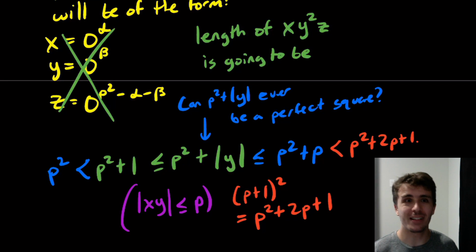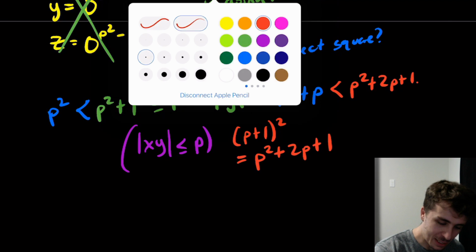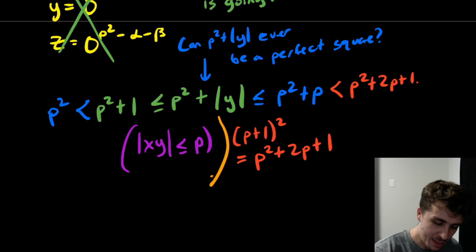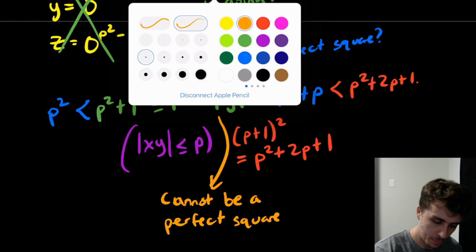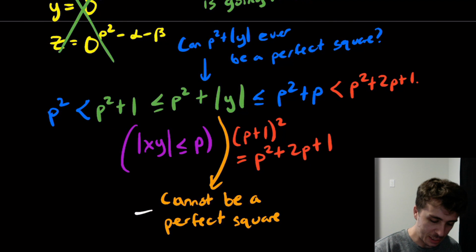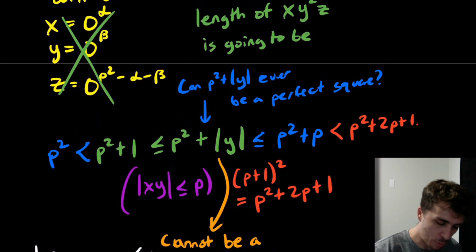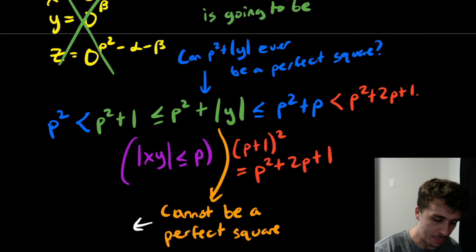Isn't that pretty cool? So that actually tells us immediately that this cannot be a perfect square, which is pretty cool. So that tells us that L2, I called it S this time, so S is not regular.